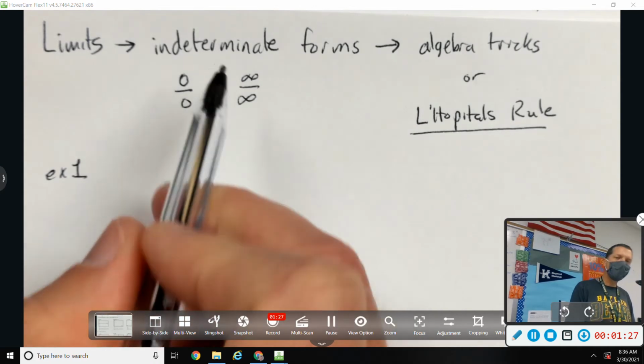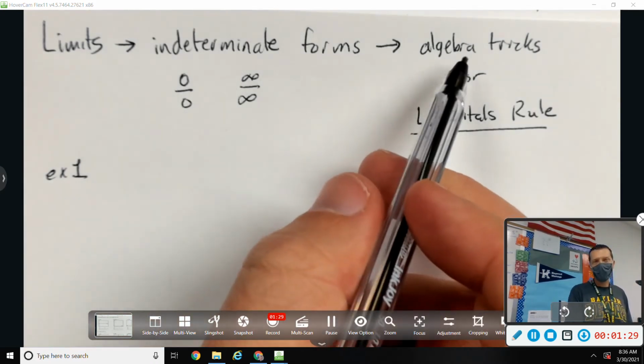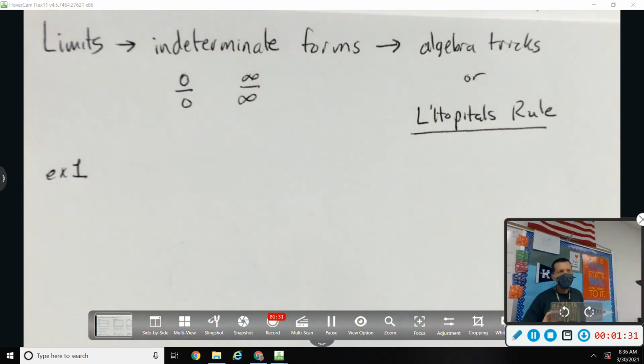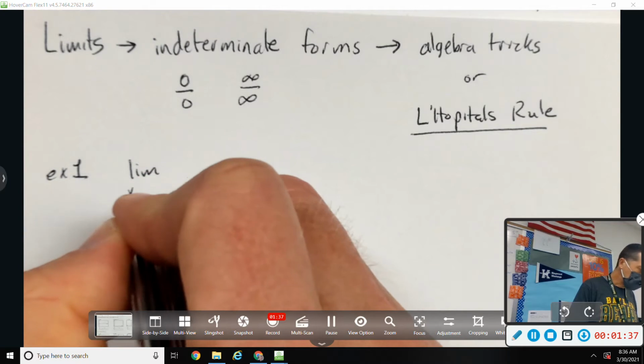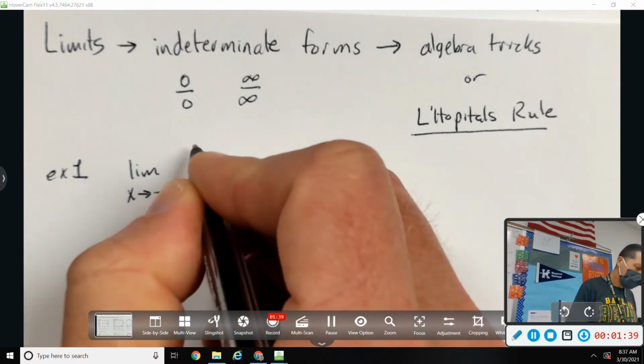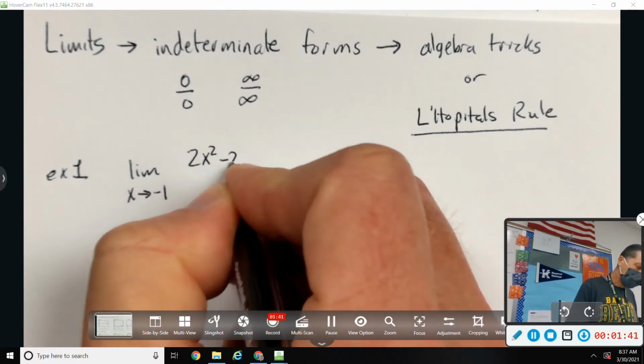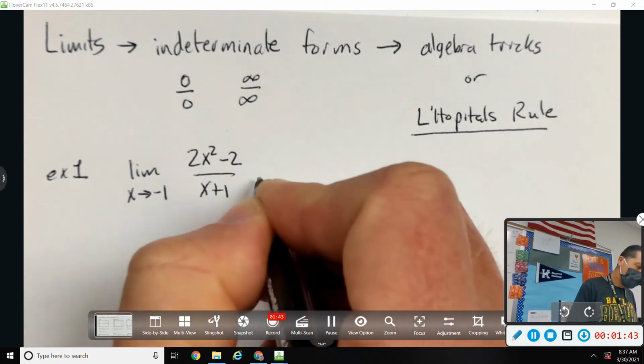Let's first review the indeterminate forms that use algebra tricks. So this sort of eases us into the review, but also eases us into L'Hopital's rule. So limit as x approaches -1, 2x squared minus 2 over x plus 1.